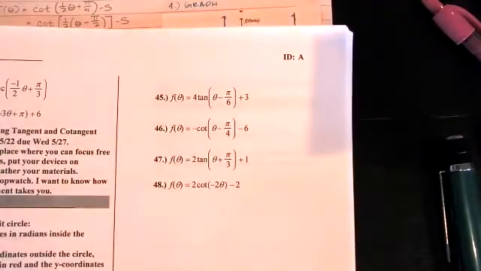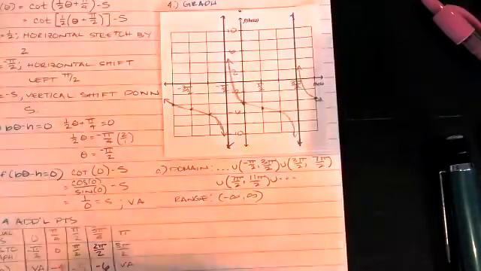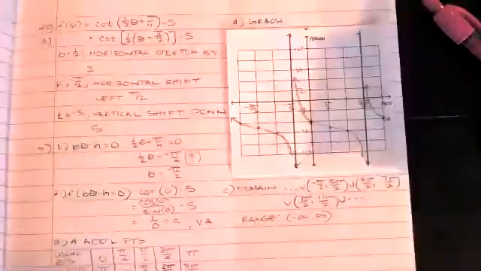There's the rest of the tangent, cotangent ones. Do any of those look uncomfortable? Uh, 47, sounds good. All right, so 47.